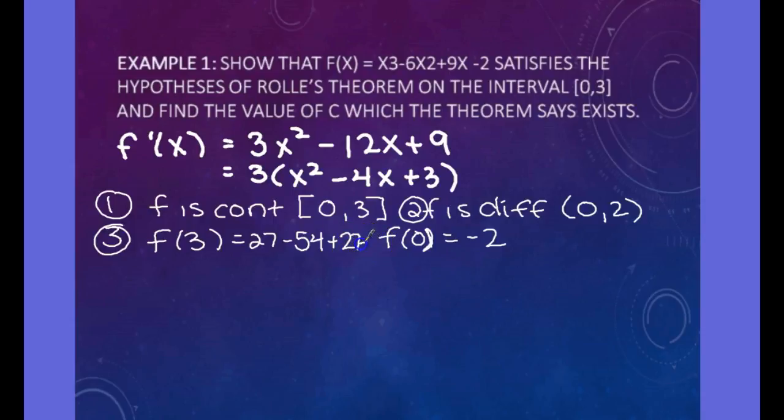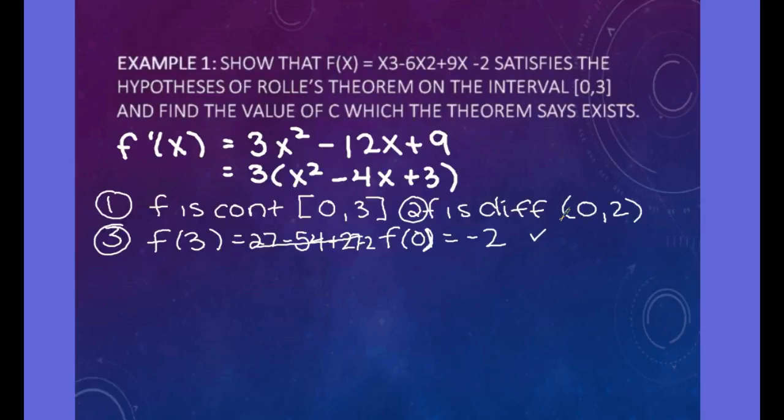And then -2. Well, 27 and 27 give 54, so 54 minus 54 all cancels. So we do in fact see that f of 3 and f of 0 both equal -2. So the 3 hypotheses check out.